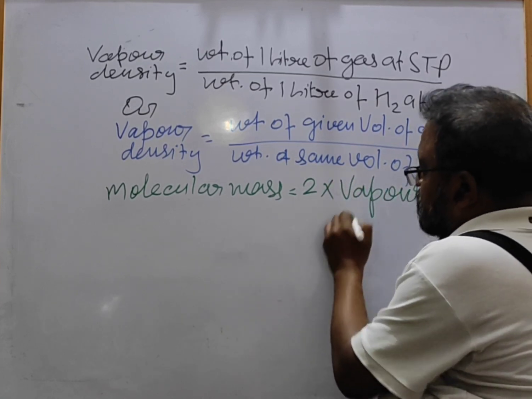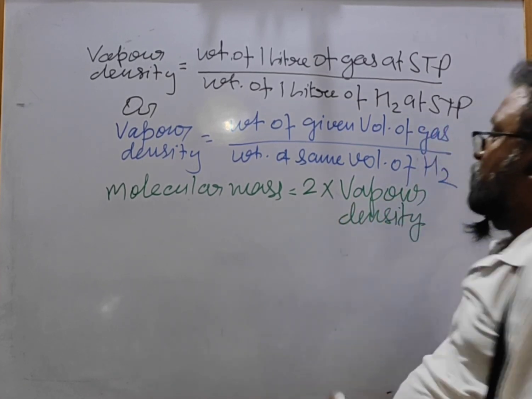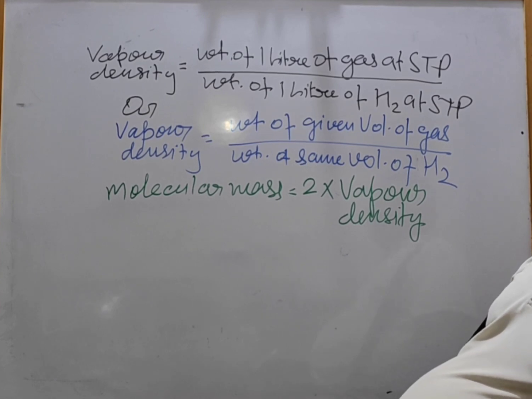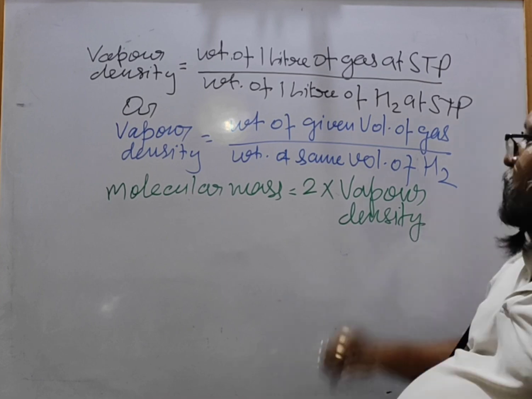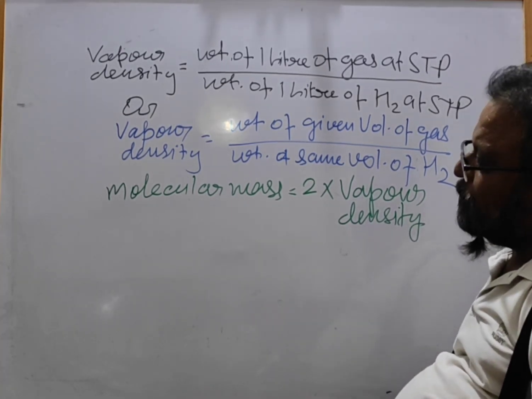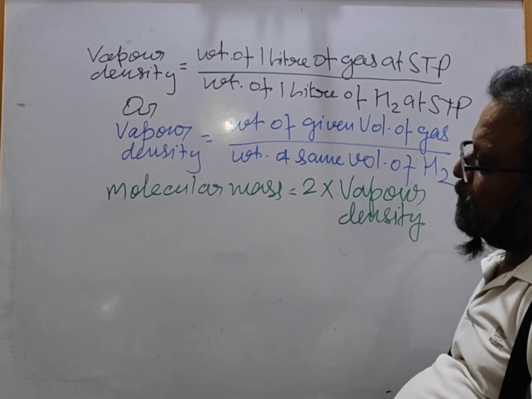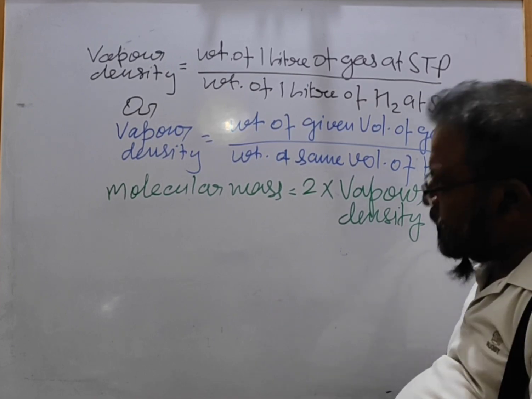Molecular mass is 2 into vapor density, right? So what is empirical formula?